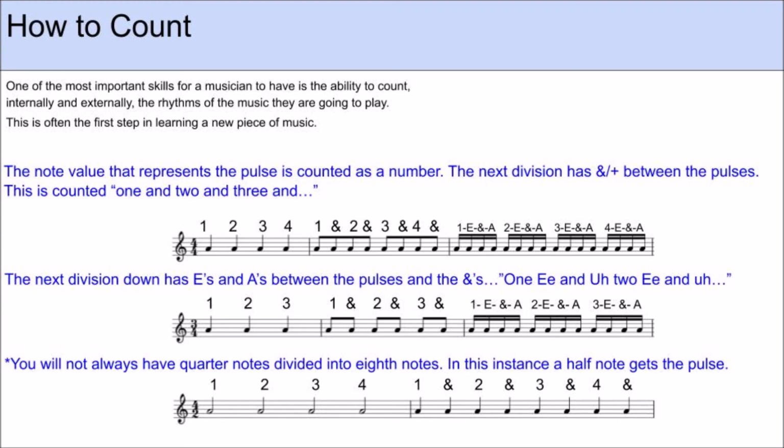The first 16th note we call E, and the second 16th note we call A. So on the first pulse, we would read that as 1 E and A. And then you just go up the numerical for each pulse after that. So 1 E and A, 2 E and A, 3 E and A, 4 E and A.